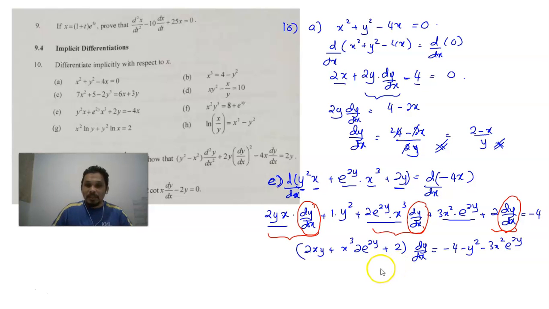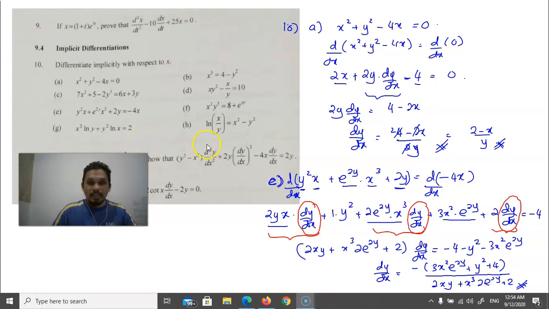So now dy/dx equals negative 3x squared e to the power of 2y minus y squared plus 4, divided by all this here, which is 2xy plus x cubed 2e to the power of 2y plus 2. That's it.